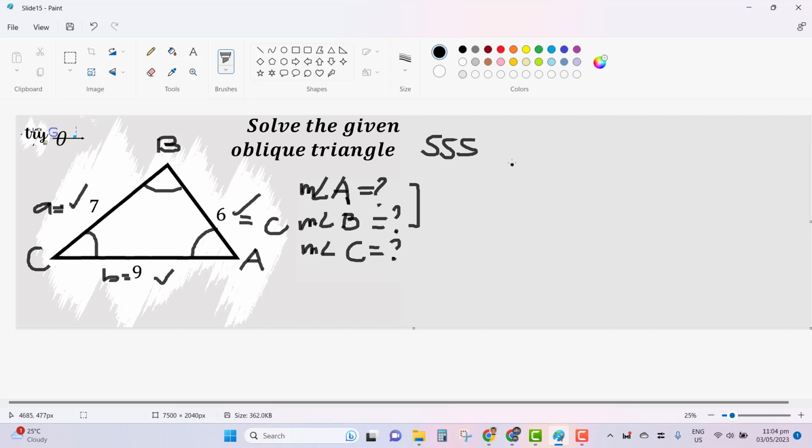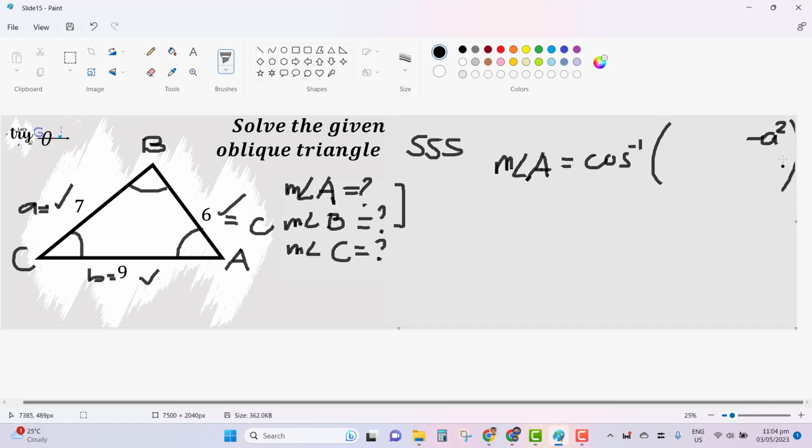So let's start with the measurement of angle A. We have formulas for this, including its derivation, but the formula here can be derived as this. We'll be using here minus A squared, because that's the intended angle there. This is a parenthesis. So this means cosine inverse of B squared plus C squared minus A squared, all over twice BC.